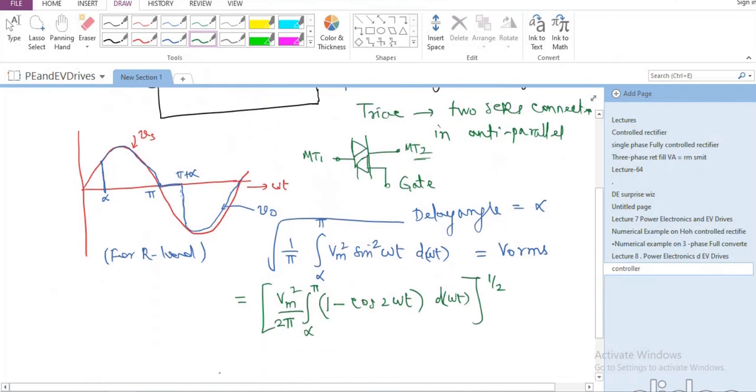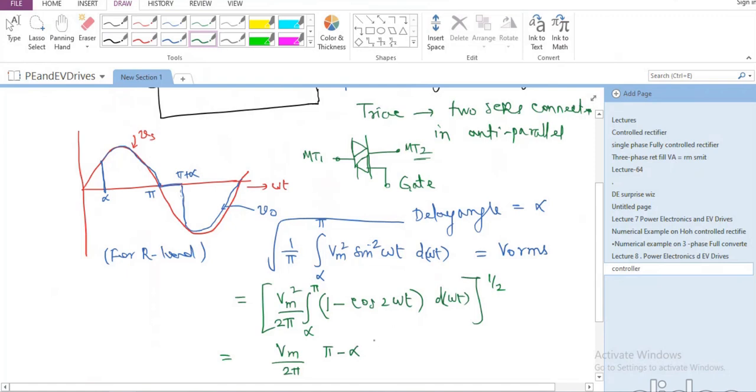So this would come out to be Vm square divided by 2 pi. And when you integrate 1, that is d omega t, it is omega t. So we will have pi minus alpha. And the integral of cos 2 omega t is sine 2 omega t divided by 2.